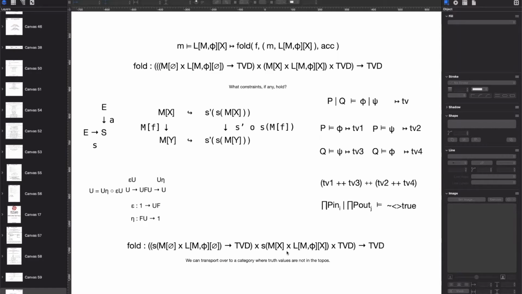So now the question is, what is some of the structure that we need to preserve in order to have this situation work? Essentially what we're going to insist is that there's a naturality condition between the identity and S.